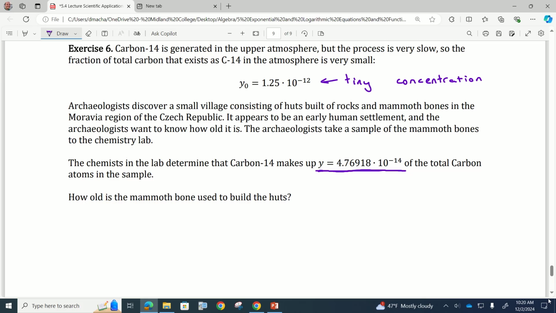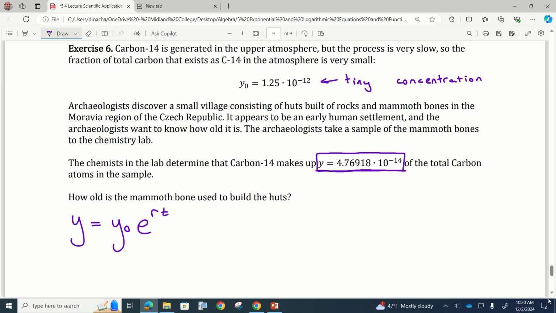And how could you answer the question, how old is the mammoth bone? Well, you would write down your equation, y equals y0 times e to the power rt. This is the current concentration.